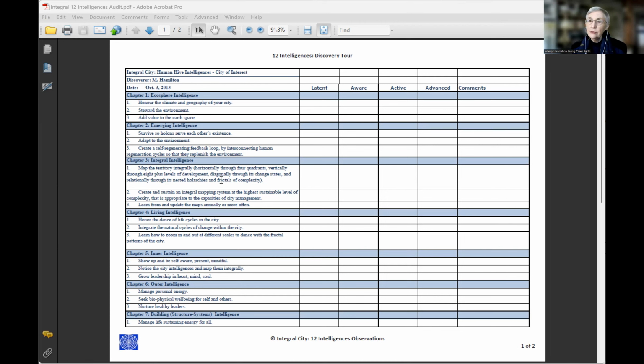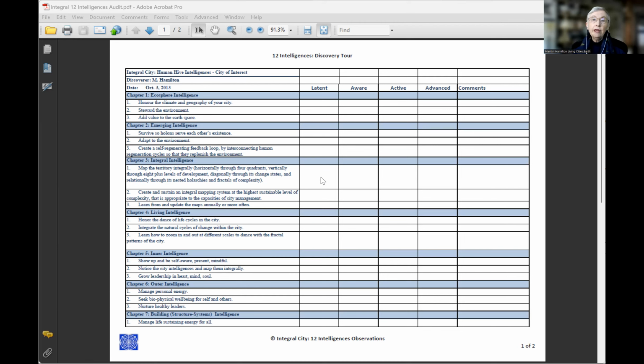And if you look elsewhere and find the 5 maps of the city, you will understand what I'm meaning about mapping the territory. So I won't try to unfold that here, but I will refer you to another video that I have made of the 5 maps of the city.